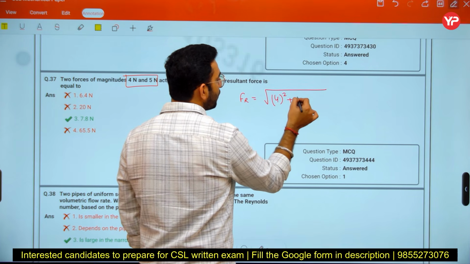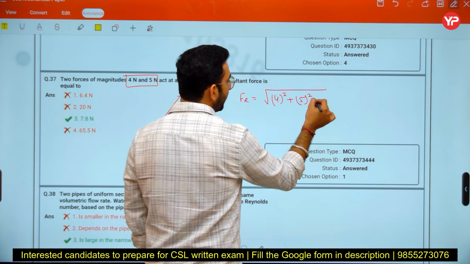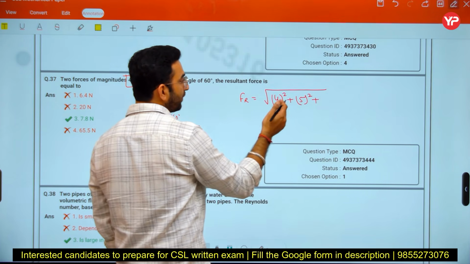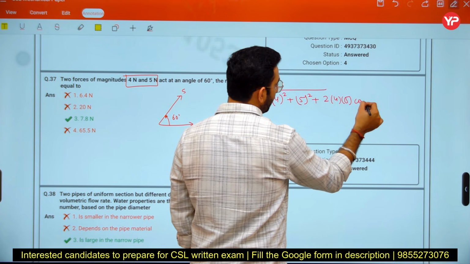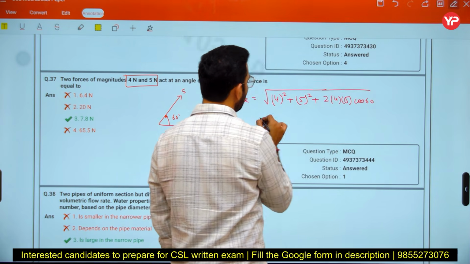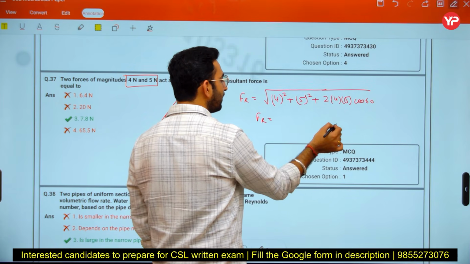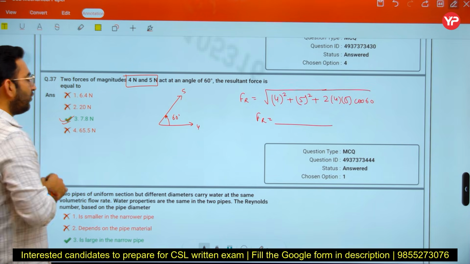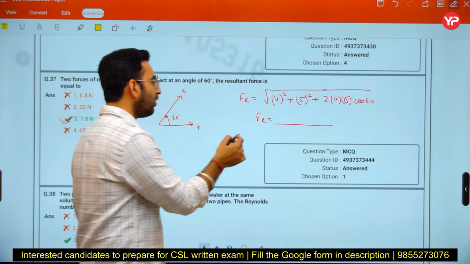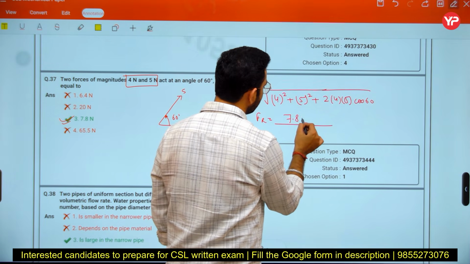According to that, you can write the expression as a square plus b square plus 2ab cos 60. Just solve it and you are going to get the answer as 7.8 Newton. It is the correct answer here. Just put all the values and get your final answer.